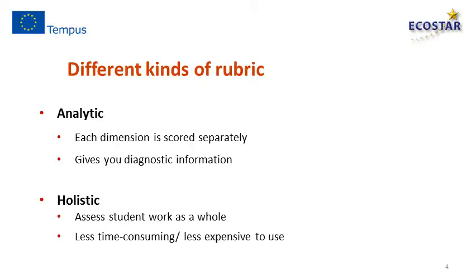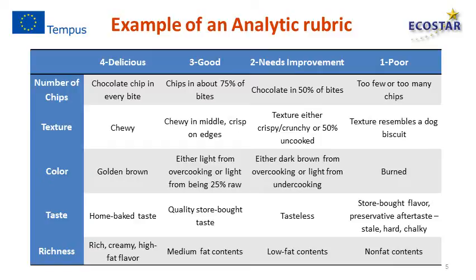But if you want to diagnose individual needs, or if you want to certify minimum competencies, or if you just want to give your students more detailed feedback, then you need to be using an analytic rubric. Now here is an example of an analytic rubric.